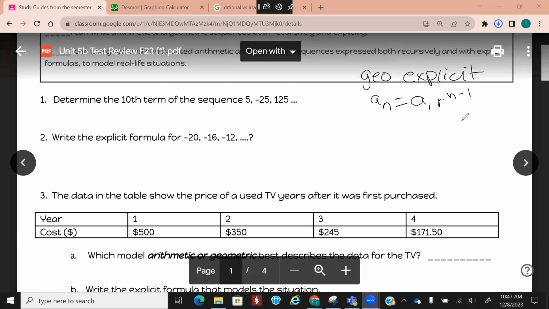A lot of people ask me, what is a sub 1? That's your first term. Your R is your rate, and that's your second number divided by your first number. And N is like the number of terms that we want.